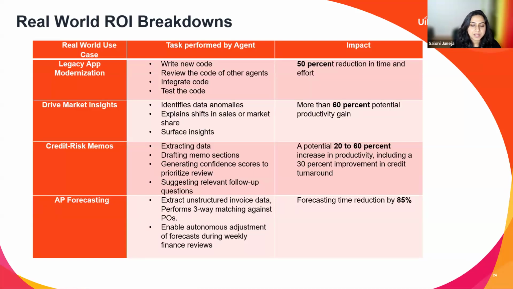Those who are part of the finance field know what a three-way matching is. With that, it's real-time prompting, which looks at autonomous adjustment of forecast during finance reviews. And as we were talking about productivity, this is a real use case where a time reduction of almost 85% has been observed. So these are some of the use cases.